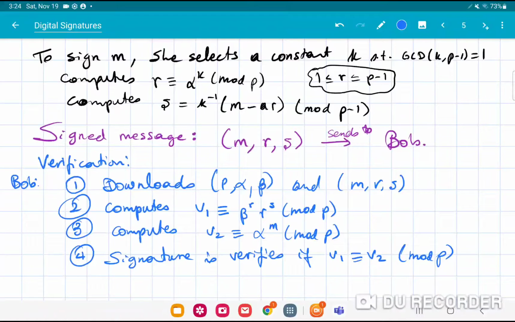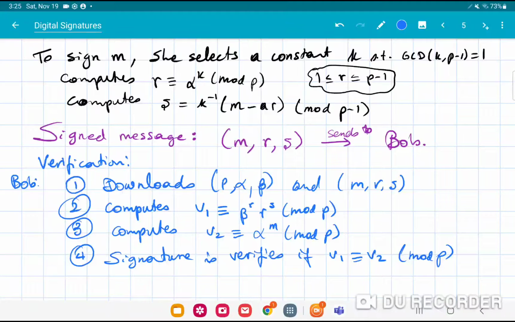So let's see how the signature verification process is valid. I'll show you how that is valid, and then I'll stop the video. We'll talk more about how this works in practice. In practice, we don't sign M, we sign the hash values of M. We hash M, sign it, and then send M and the hash values in the signature.